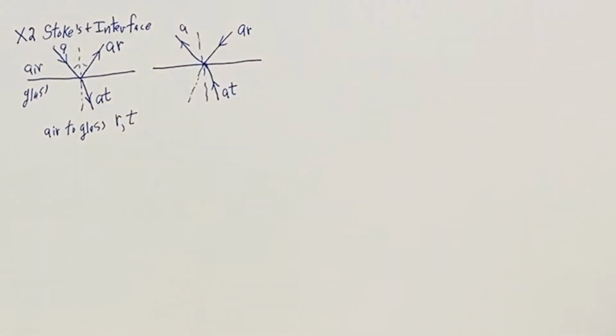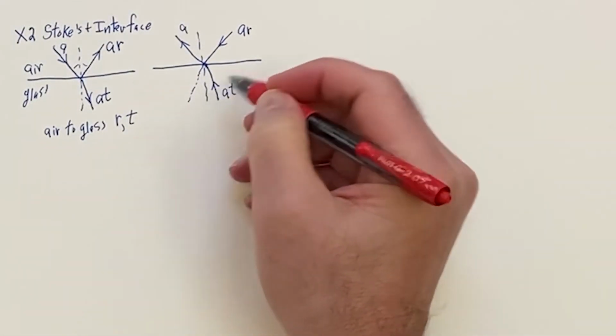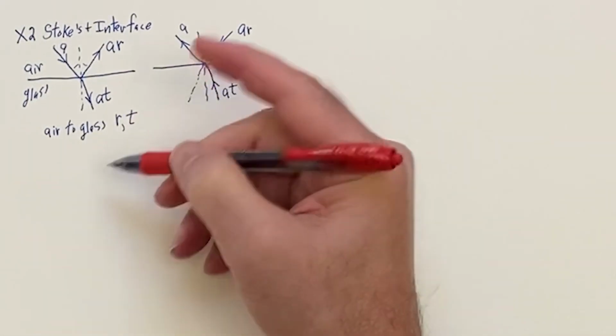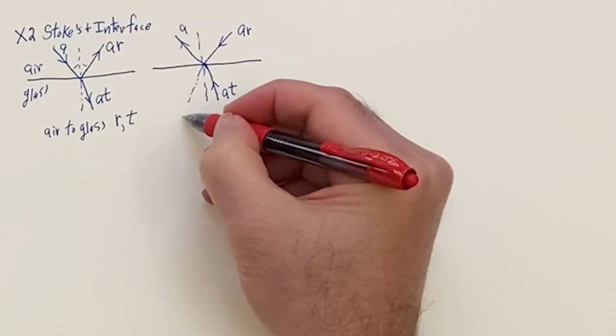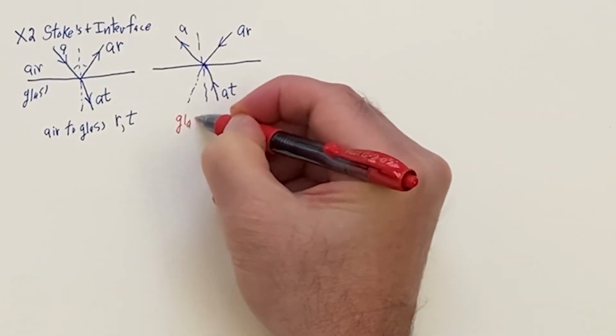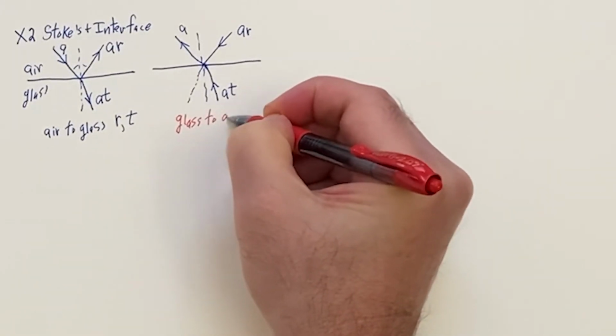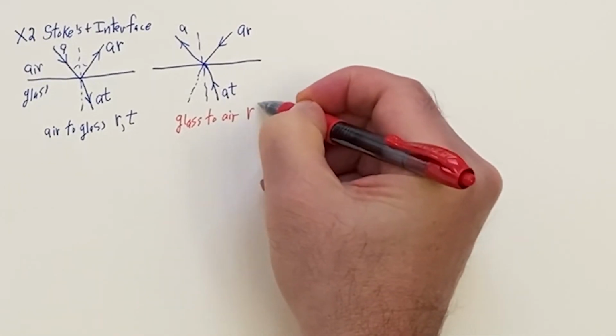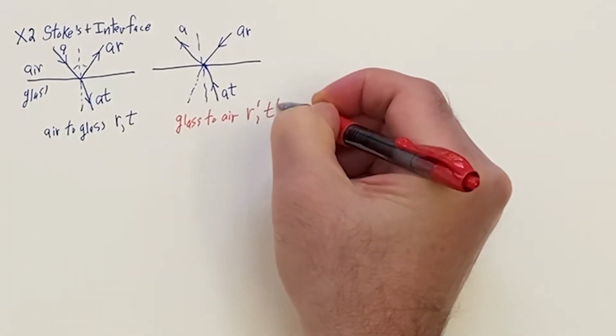And then you apply the rule: if you're going from air to glass, you have to have another rule, because now you have the case where you go from glass to air. So if you go from glass to air, in that case, we're going to use R prime and T prime.